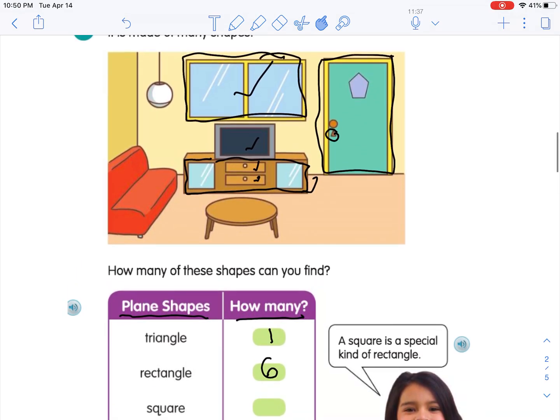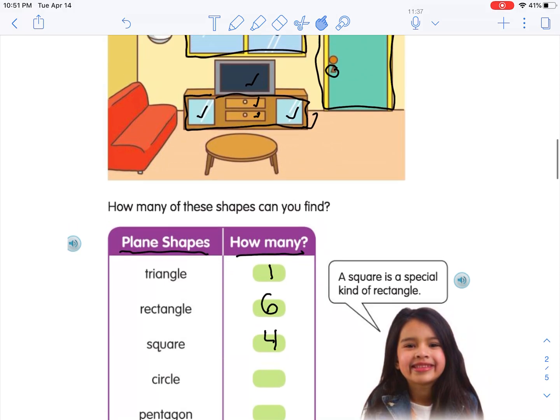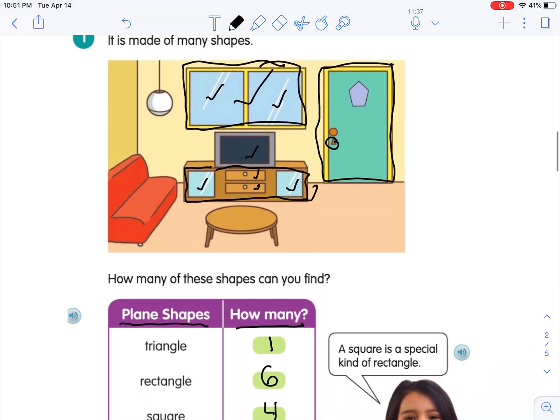A square. Let's look in our picture. Well, here's 1 window square. 2, 3, 4. I found 4. How many did you find? And then it wants us to look for circles. Let's see.